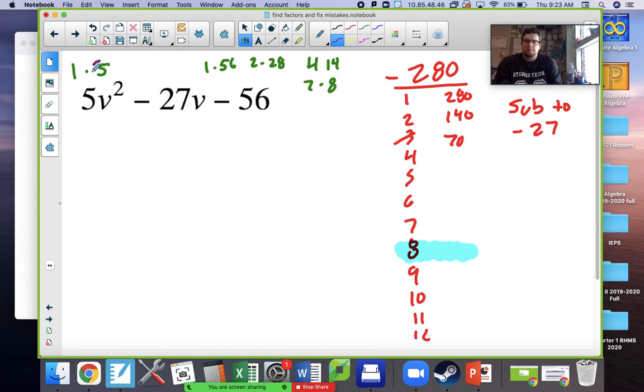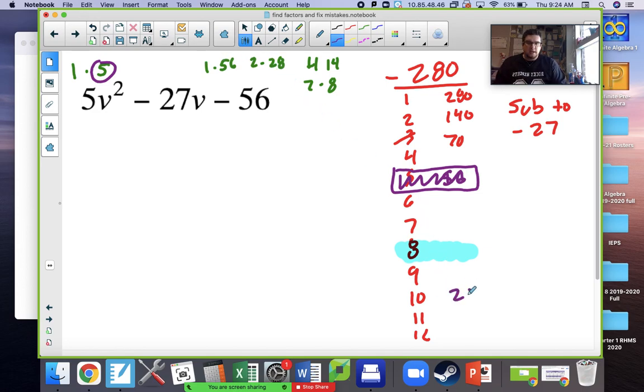So I can take 5 times 1. So we know 5 goes into 280. And its teammate is 56. That doesn't help us combine to 27. So maybe I take 5 times 2, so I have 10.